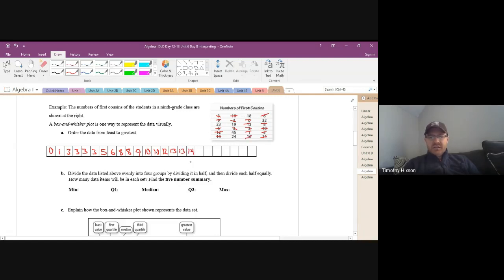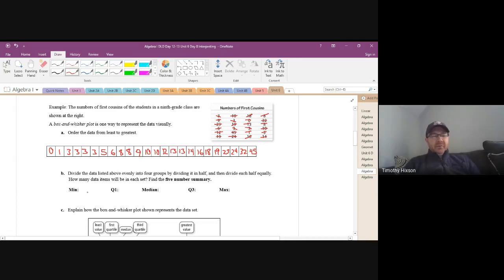Here's a 16, 18, and then 19. 18 and 19. And then we have a 23 and a 24. And then a 32 and a 45. Okay? So we have all of our data accounted for, and we've put it all in order.